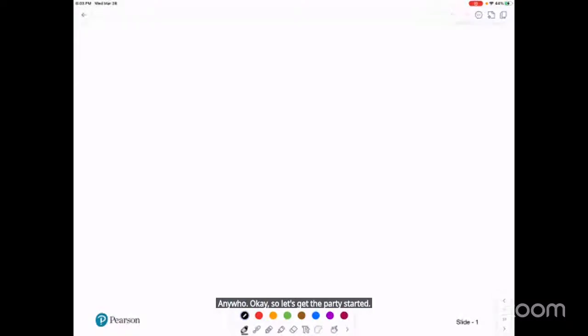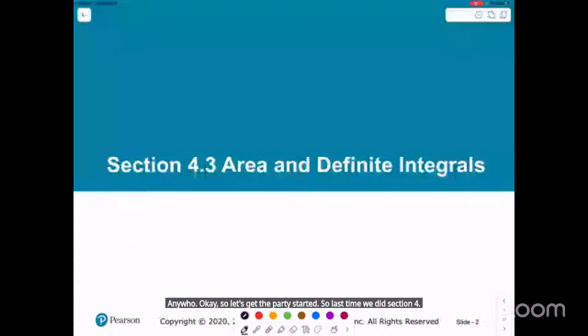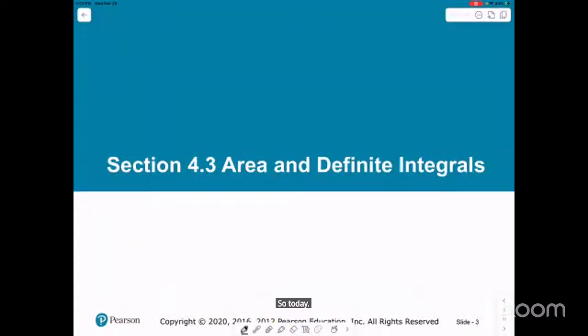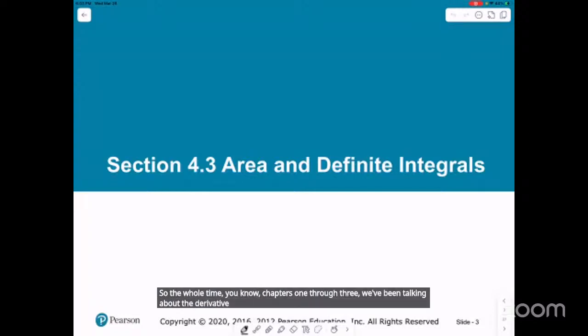Last time we did section 4.2. Today I'd like to start with section 4.3, area and definite integrals. The whole time, chapters 1 through 3, we've been talking about the derivative. We introduced the concept behind it, the formal definition with the limit as h tends to 0, the difference quotient.